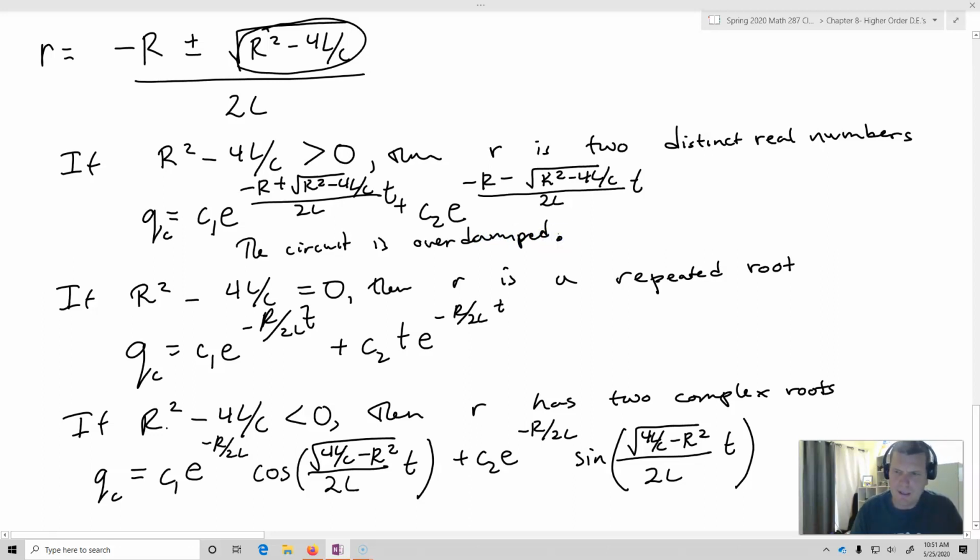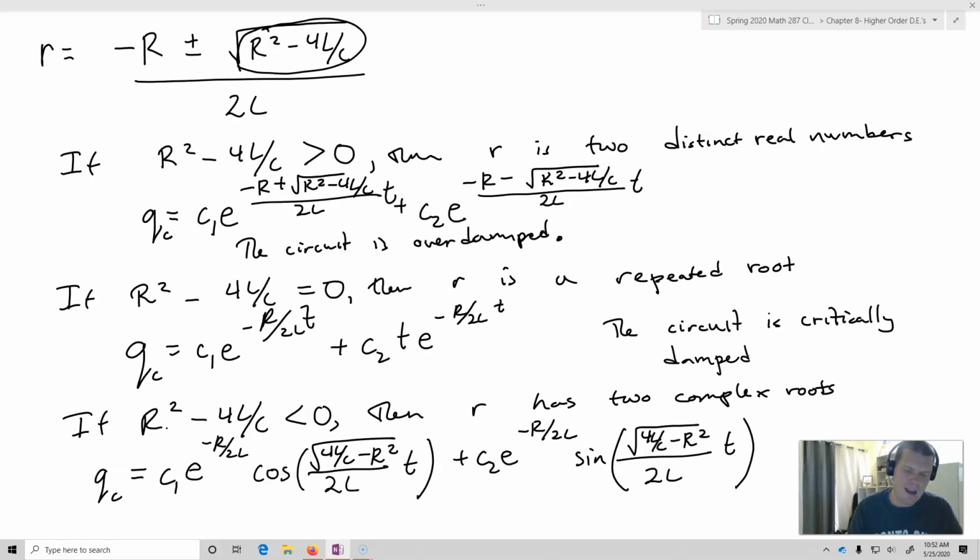Now, if r squared minus 4L over C is equal to 0, the circuit is critically damped. And if r squared minus 4L over C is less than 0, then the circuit is underdamped.